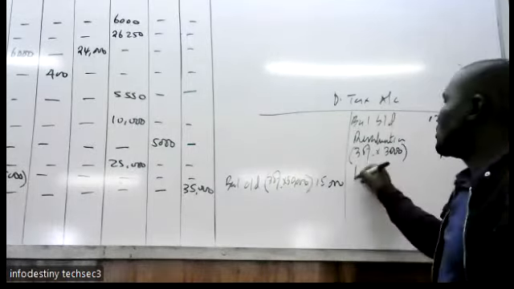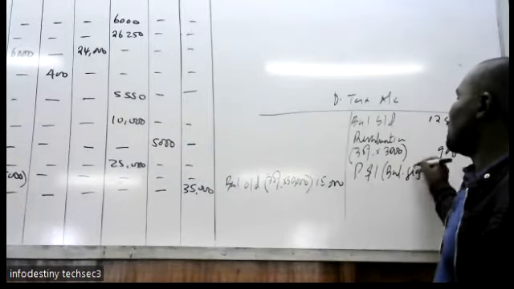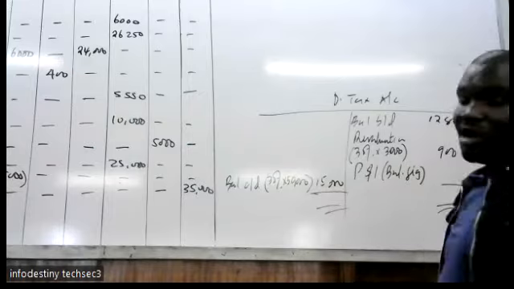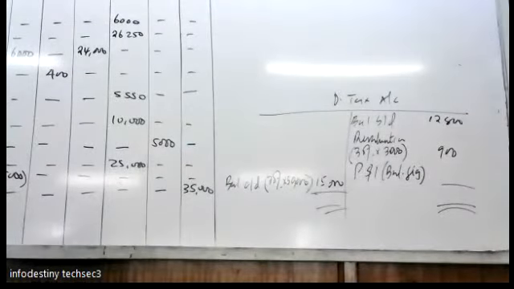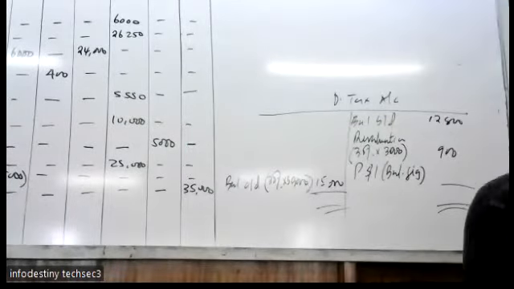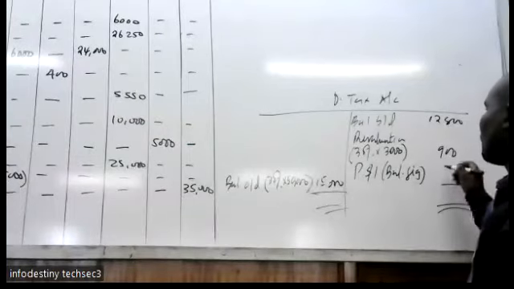So the increase in P&L, the balancing figure, is 1300.